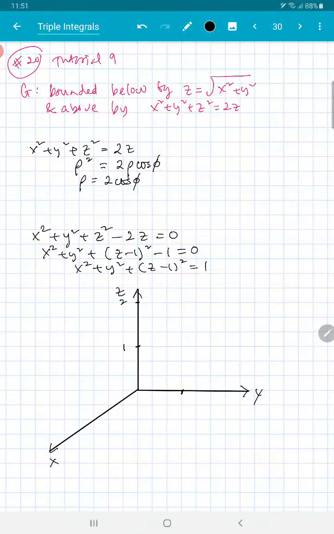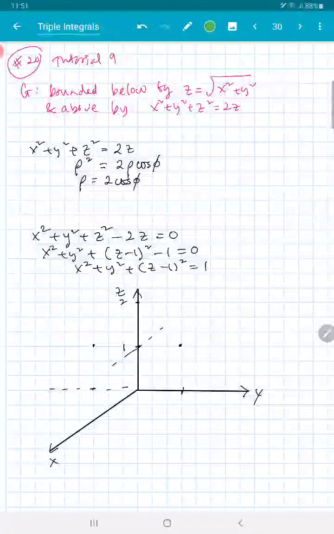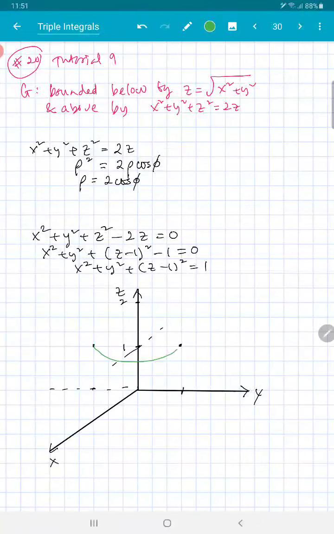It will go through this point here, and 1, 2, 3, so we'll go through that point as well. Let me use another color, green. So we have this sphere. It will go through the point 0, 0, 2 and also the origin.